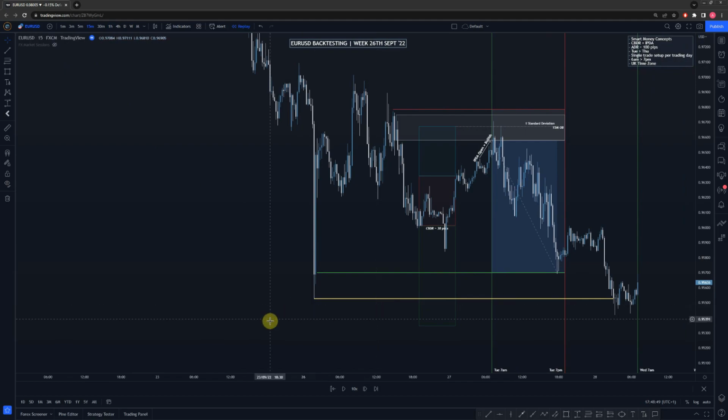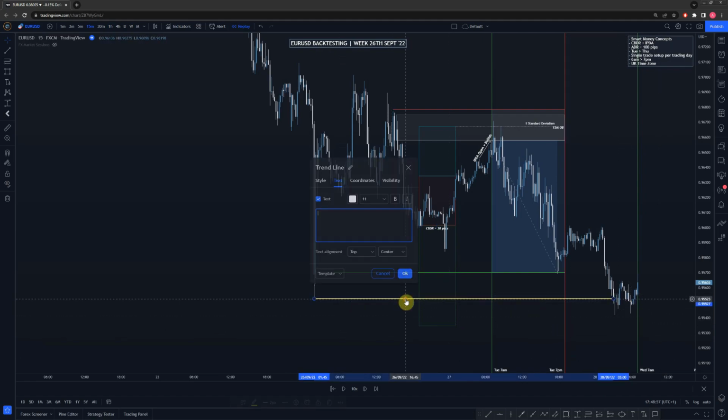So below this, it will of course be sell side liquidity, and that's what price has done during the Asian range, is taken out the sell side liquidity. And I will be marking that out on my chart. So sell side liquidity, which has been taken out during the Asian trading range.